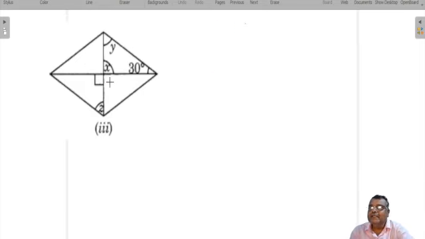You see, in this figure, this angle is 90 degrees, because this is showing this way. This angle is 90 degrees and this is x. So x is equal to 90 degrees. क्योंकि vertically opposite angles are equal. So x equals 90 degrees.